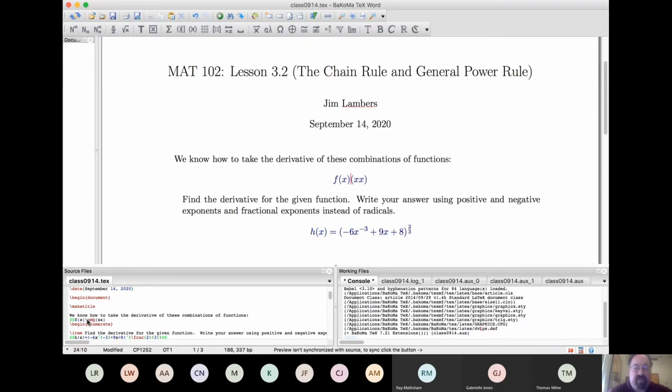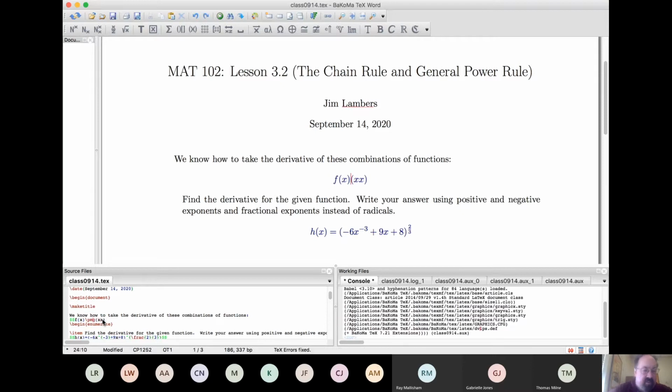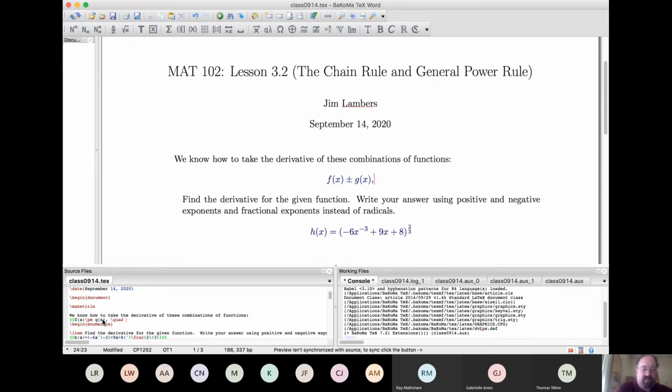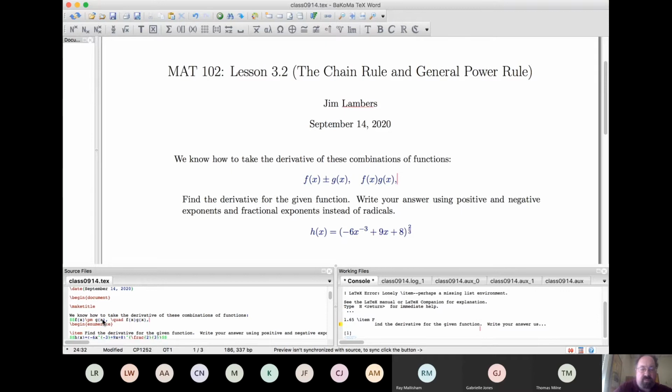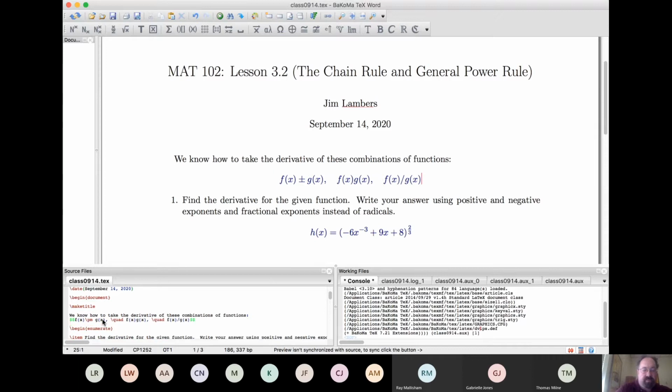Those are the easier ones. You also know after last lesson how to do a product of functions. That's the product rule. And then a quotient. That's the quotient rule.